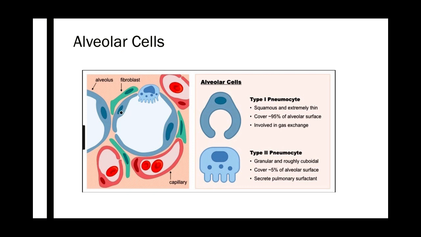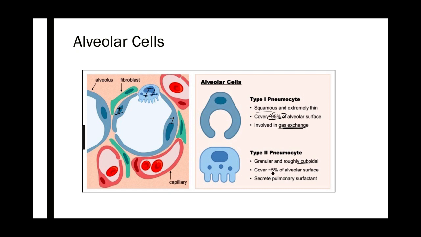These long ones are all type 1, and they have pseudopodia or whatever it's called that stretch all along the area. They actually cover 95% of the alveolar surface, and that's important for something that does gas exchange, right? They're squamous, whereas type 2 are cuboidal. This is type 2 here.